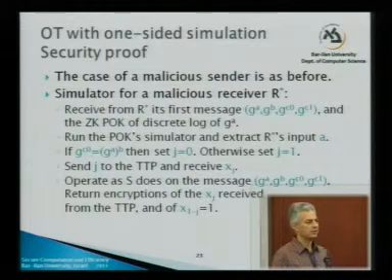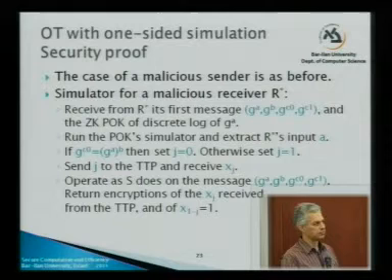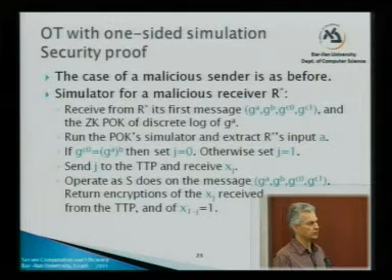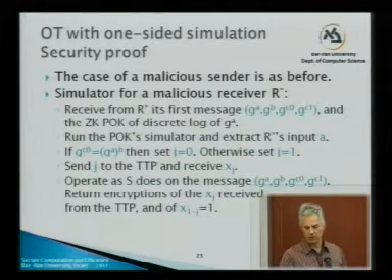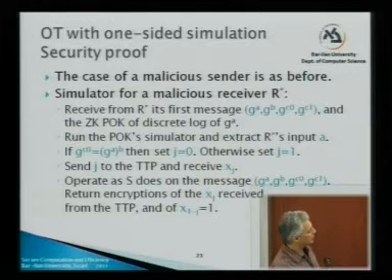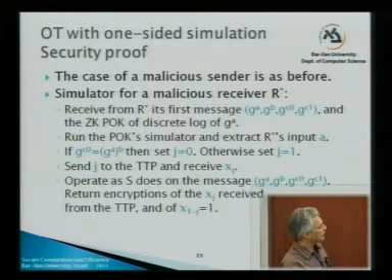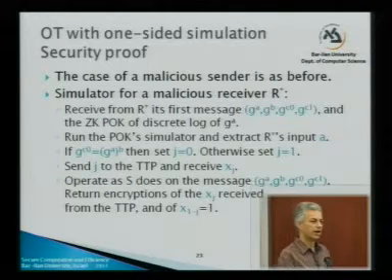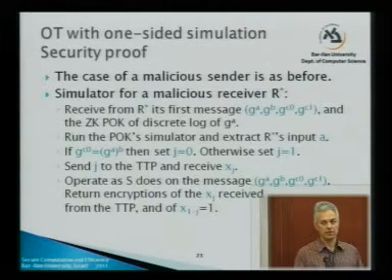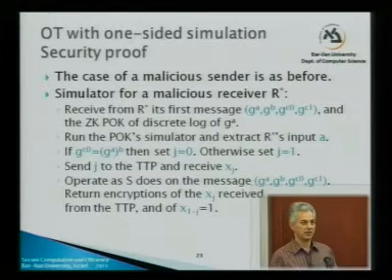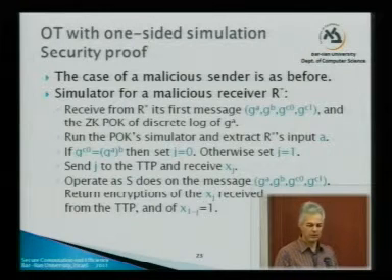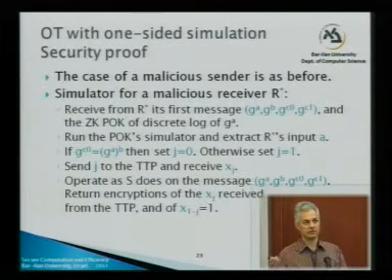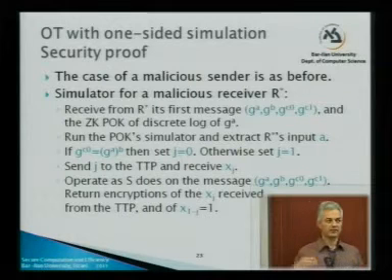Now it runs the simulator we have for the proof of knowledge and extracts a from the proof. So now we know what a is, the discrete log. Therefore, we can check whether the third item or the fourth item is equal to g to the ab. If it's the third item, we say that j is 0, otherwise we say that j is 1. We send j to the trusted party, and we get back xj.